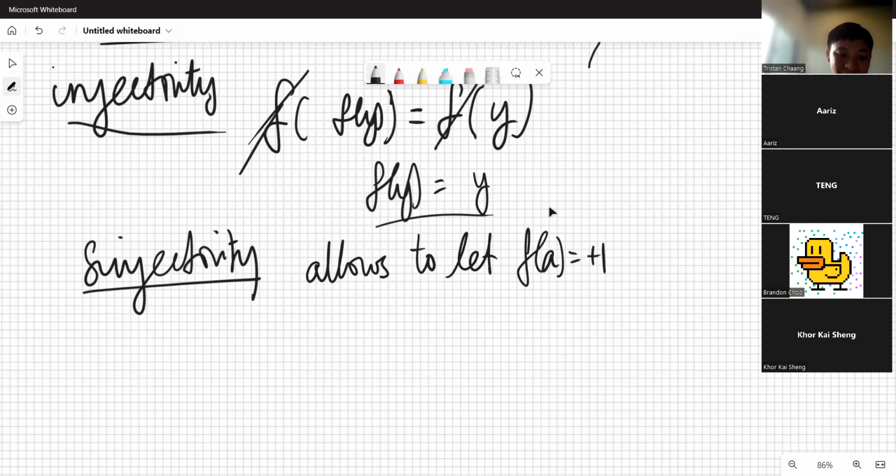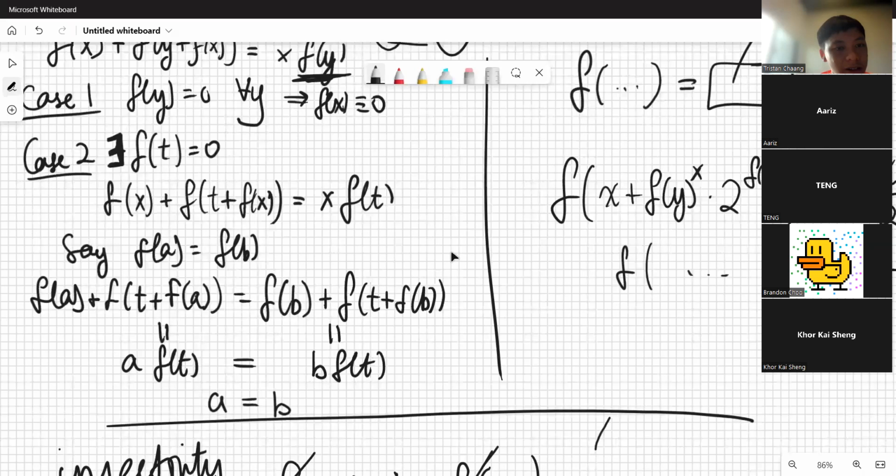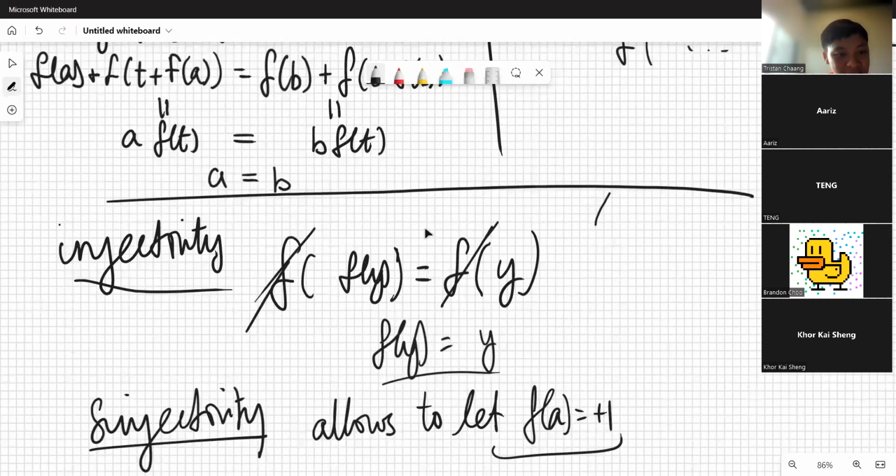But that term is inside an f. But once you prove that f is surjective, you can let f of whatever that is equal a number you want, and you can simplify the equation even further. So these are the main importance of injectivity and surjectivity.